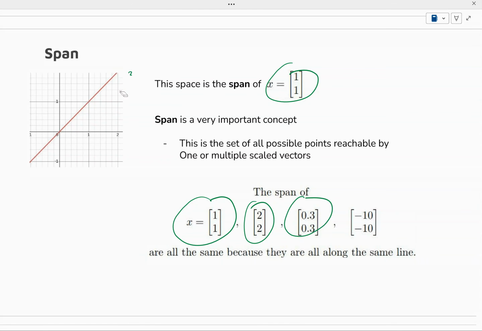In this particular case, 0.3, you need to squeeze it, or -10, you've got to go in the opposite direction. So these are the span. This line is the span, all the points reachable by this vector. However, if you have a point outside, no matter how you stretch this vector, you can never ever reach this point.